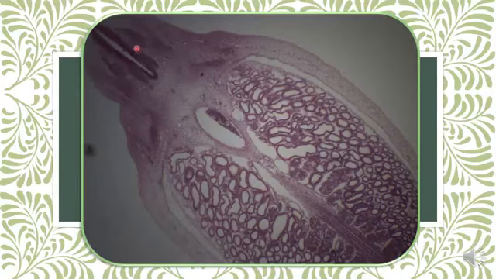Also again, neural tube, ventral to it notochord, ventral to it the dorsal aorta. Here you can see clearly the renal system.